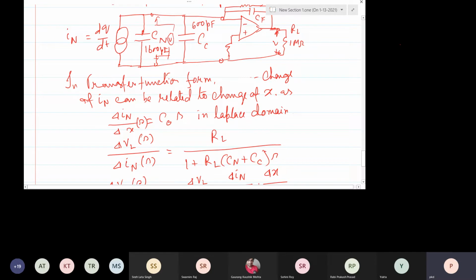So if I apply here a current, this current will be charging this capacitor.